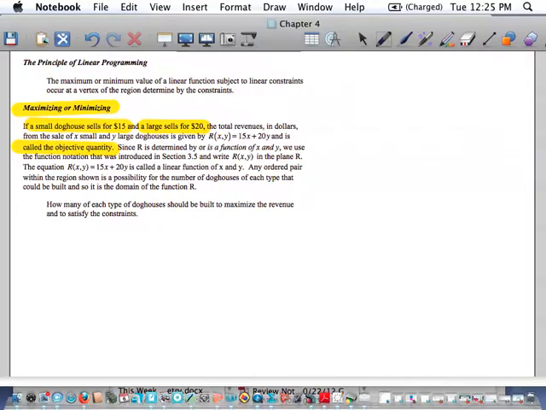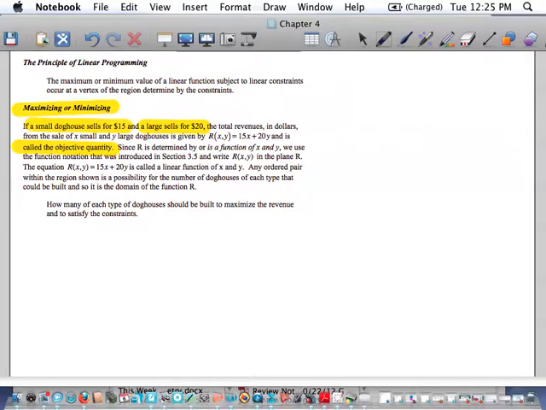Since R is determined by, or is a function of, both x and y, we use the function notation that was introduced in section 3.5, and we write R(x, y). The equation R(x, y) equals 15x plus 20y is called the linear function of x and y, because the revenue is based on the combination of doghouses that are sold.